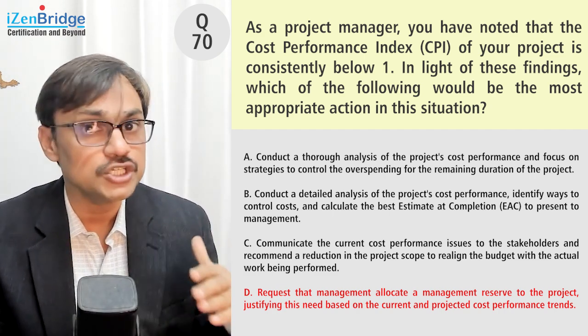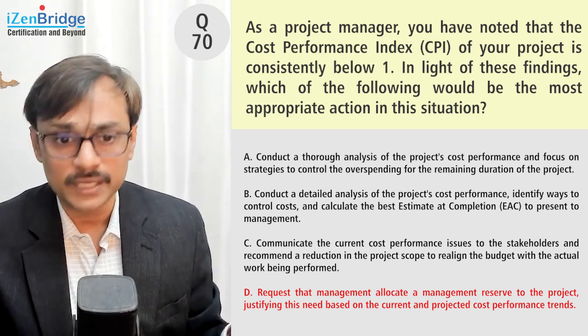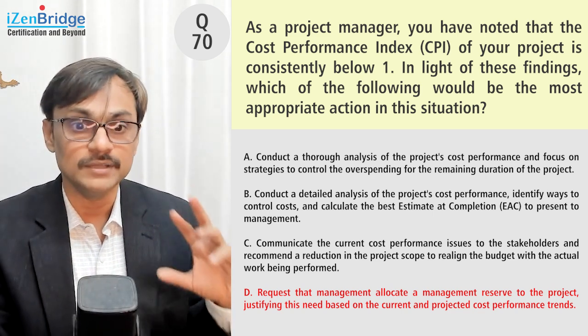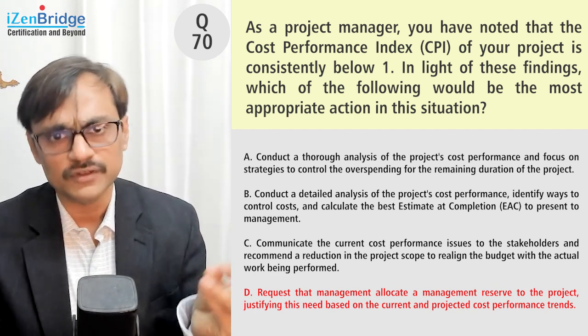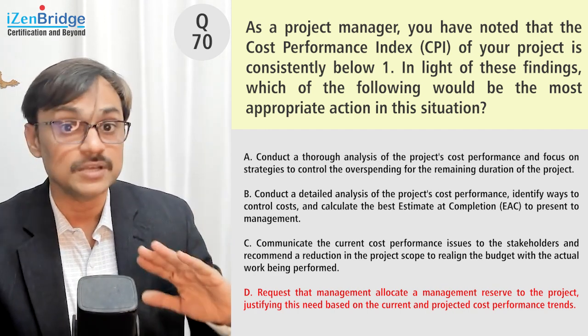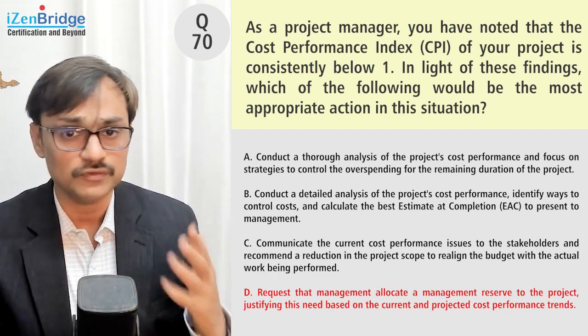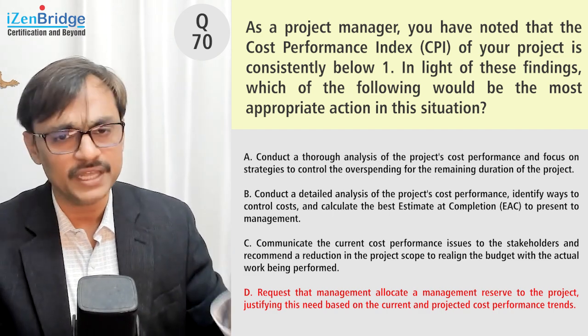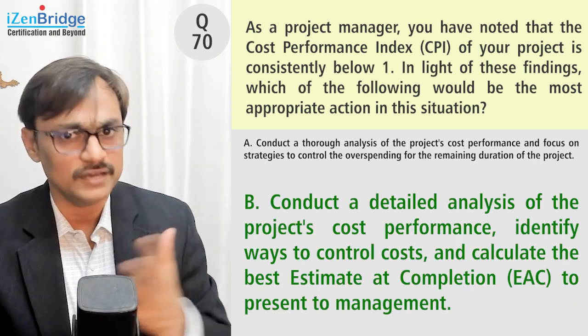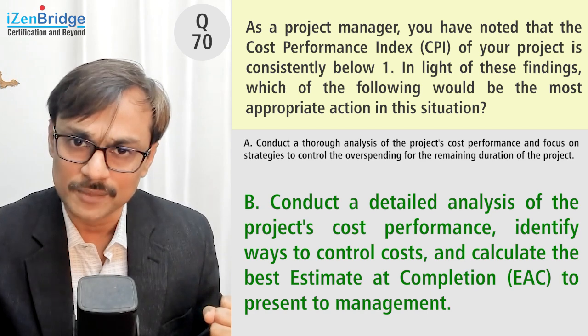So D is directly jumping to asking for money, whereas B is saying I will forecast, I will share the estimate at completion, and we will decide based on that. It's a safer option because in the question we don't have a direct trigger to reduce scope or ask for more money. So we go for B, where we can decide based on what management feels about it.